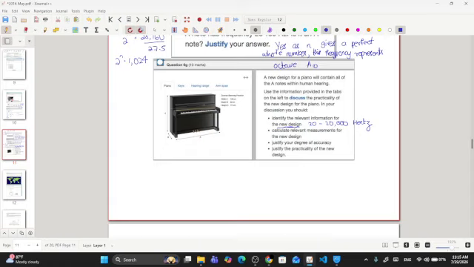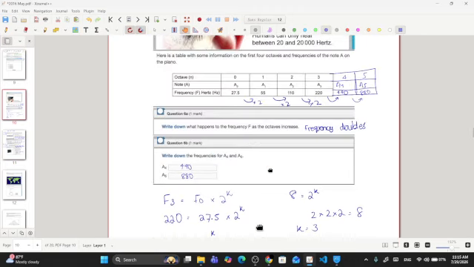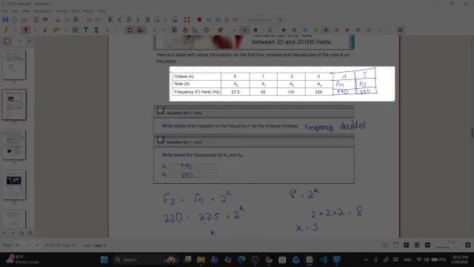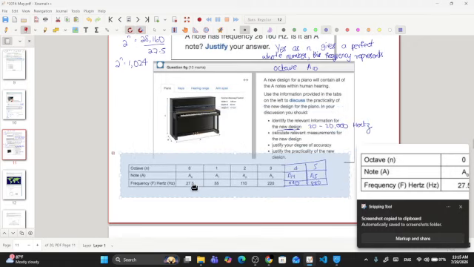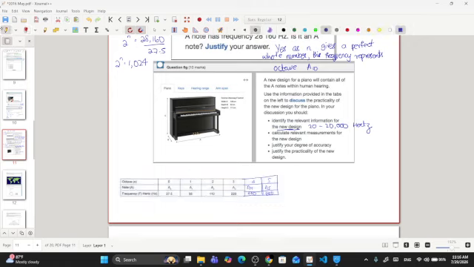Okay, now let's talk about a few calculations. If we were to continue with those notes further, think about this.